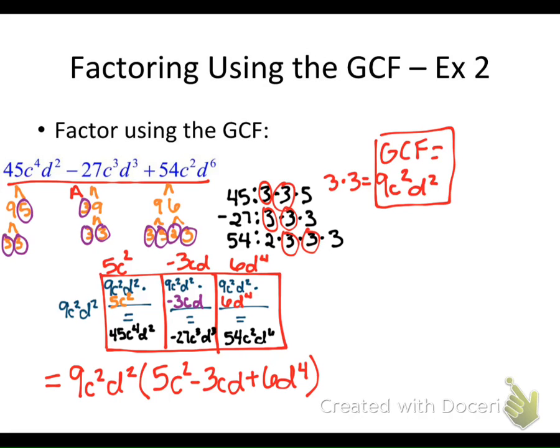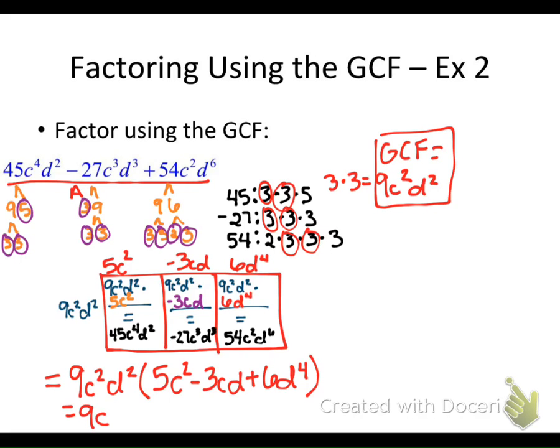All right. However, this is not going to be my final answer. I have to put the exponents in the width from greatest to smallest, and then I have to put them in alphabetical order. So if I'm putting the exponents from greatest to smallest, which one is going to go first? Good.